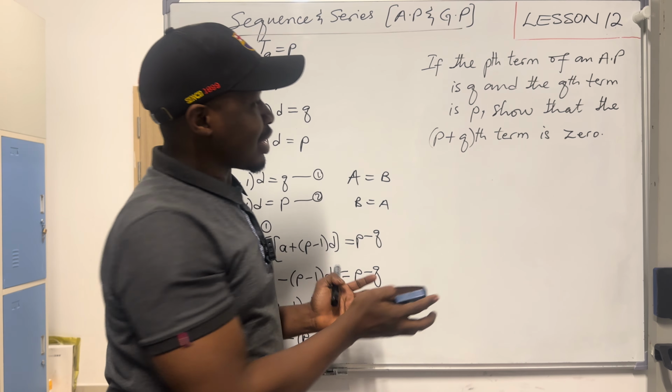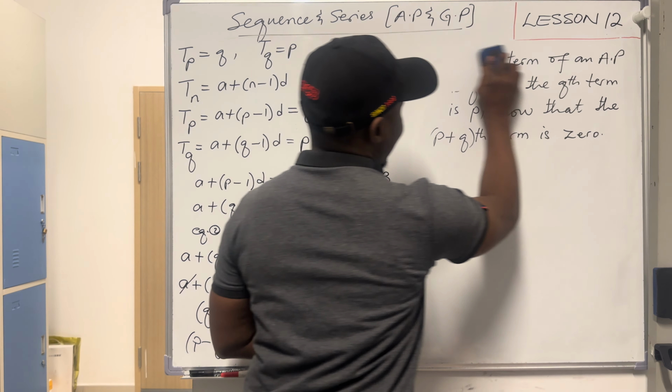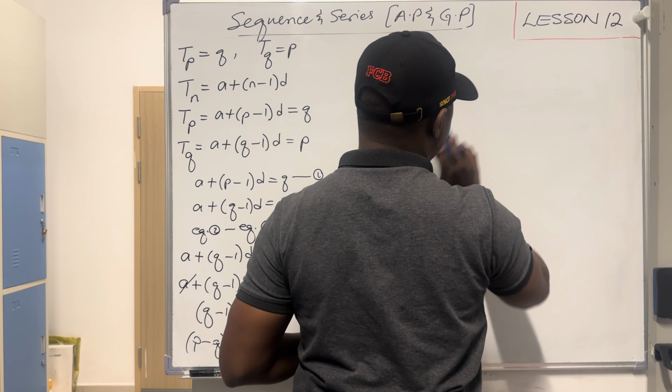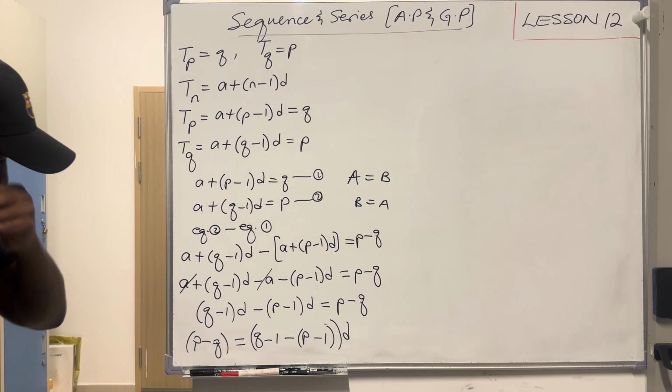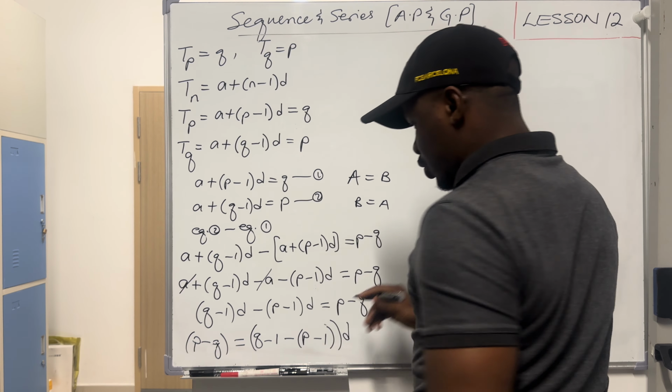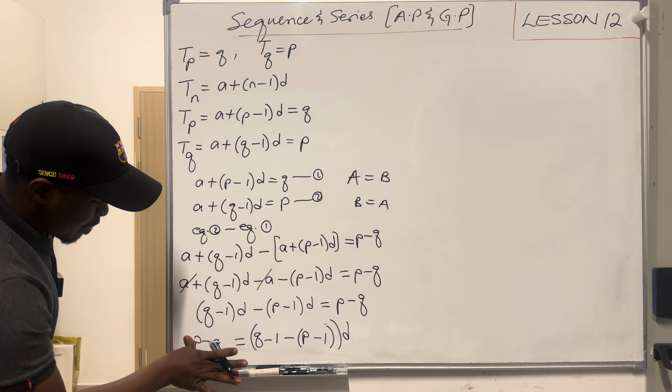Okay, so our target is that the P plus Q term must be 0. Sorry, I did not mean to indicate this one in bracket.